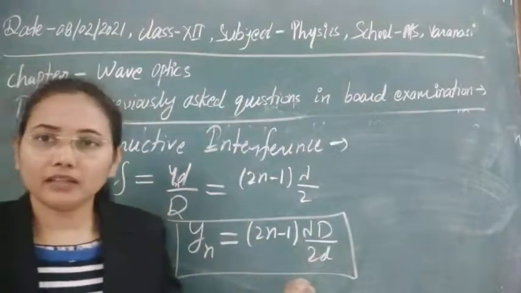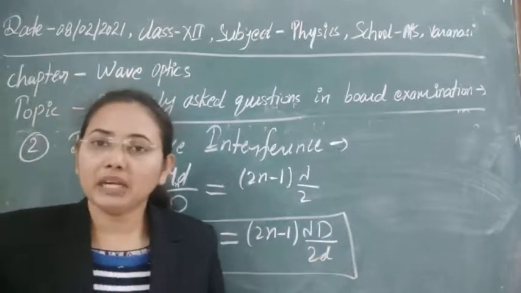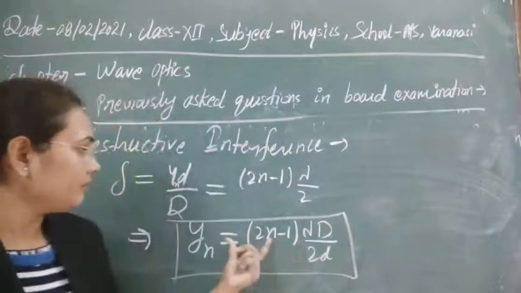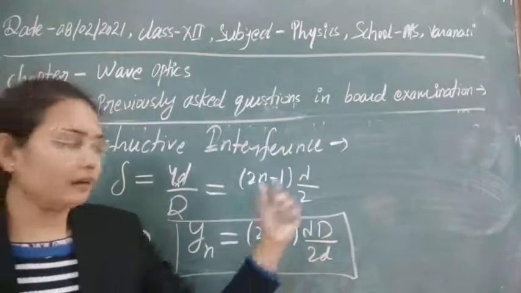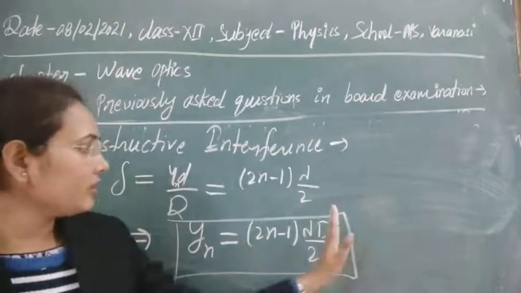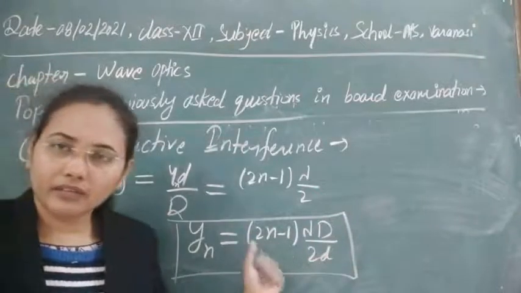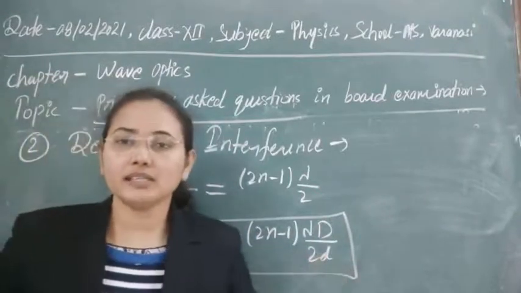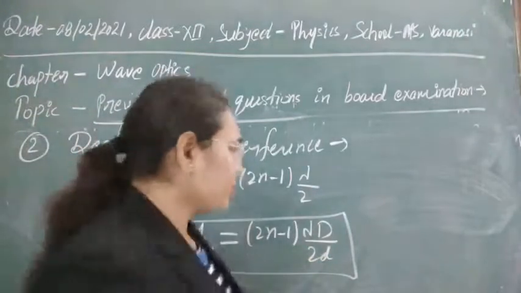Whenever we have to predict where we get minima or dark fringes, the distance is equal to this value, where n can be 0, 1, 2, 3, 4 and so on. If you find all these values, we can easily find at what distance we get minimum or maximum intensity.